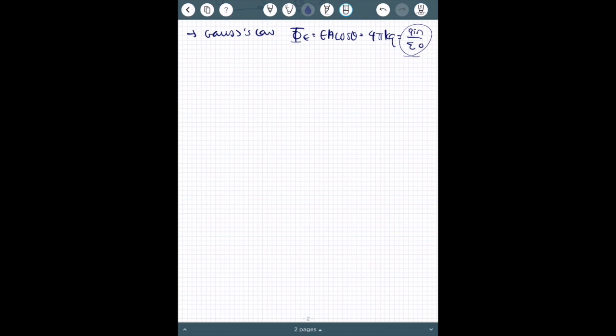I think it's 8.85 times 10 to the negative 12 Coulomb squared over Newton per meter squared. And the formula really just allows you to solve for either the flux or the charge or the area or the electric field. Oh, I erased it by accident.